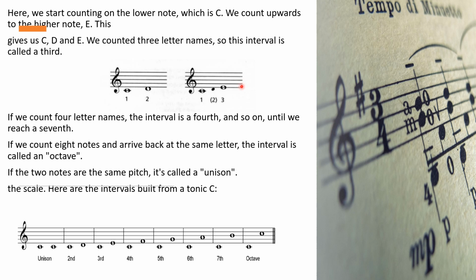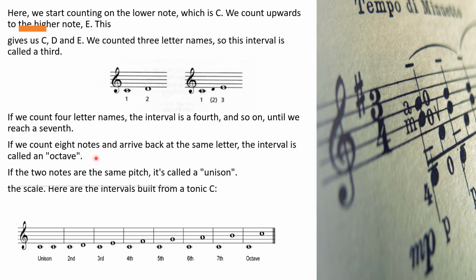So the interval between F and A is 3. Remember, we're counting from the lower note to the higher note. I hope that's clear to everyone. Now, if we count 8 notes and arrive back at the same letter, the interval is called an octave.